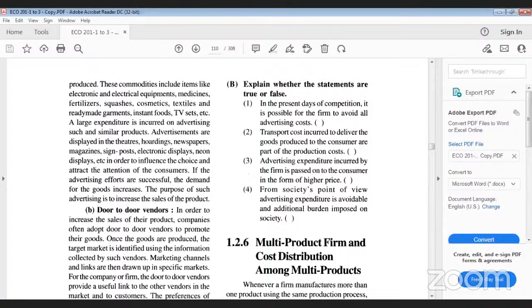Once the goods are produced and the target market is identified using the information collected by such vendors, marketing channels and links are then drawn up in specific markets for the company or firm. The door-to-door vendors provide a useful link to the other vendors in the market and to customers' preferences.